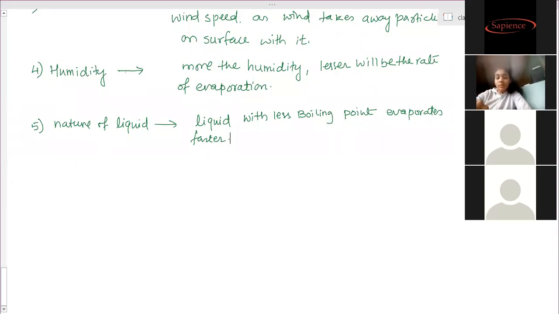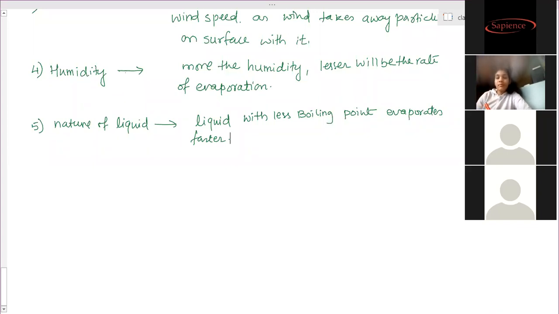Yes, Anurag? Water particles are more in the atmosphere, so the water particles from the wet clothes are not able to move out because they cannot find the place between the air particles on a rainy day.